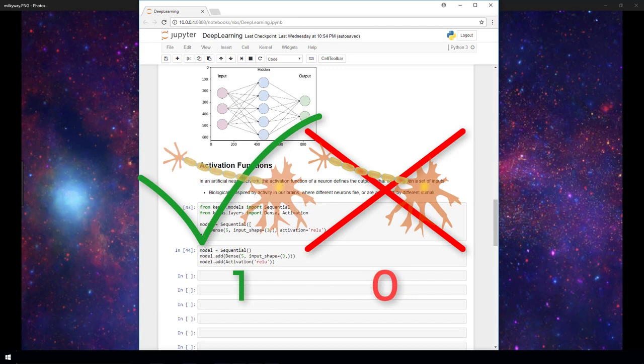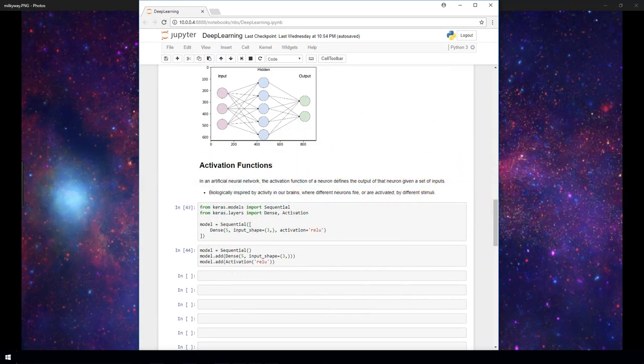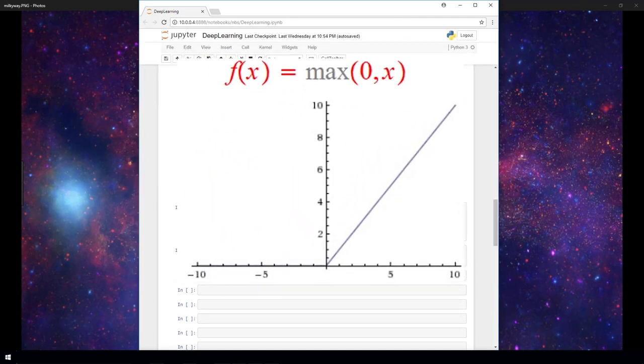With the sigmoid activation function in an artificial neural network, we saw that the neuron can be between 0 and 1. So the closer to 1, the more activated that neuron is. The closer to 0, the less activated it is. Now, it's not always the case that our activation function is going to do a transformation on an input to be between 0 and 1. In fact, one of the most widely used activation functions today, called ReLU, doesn't do this.